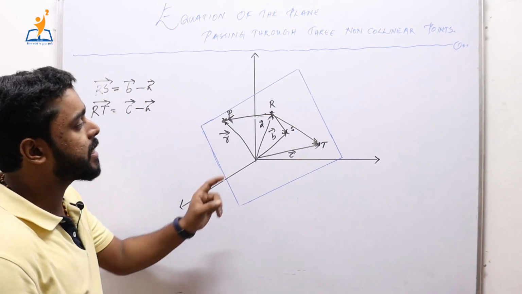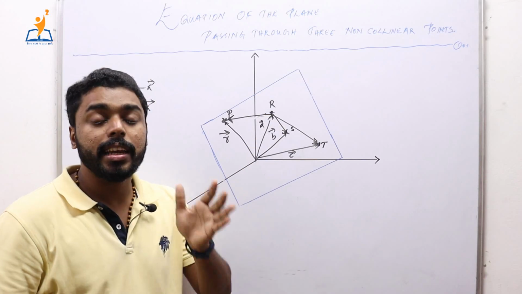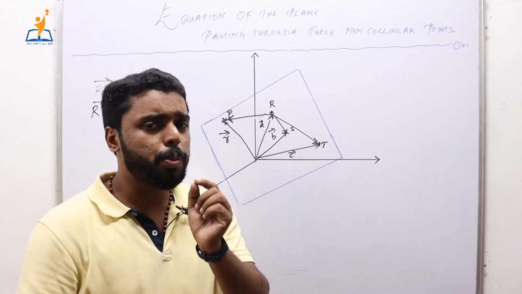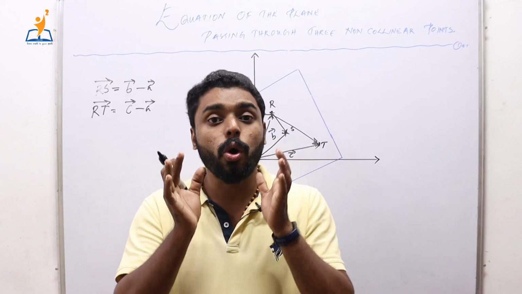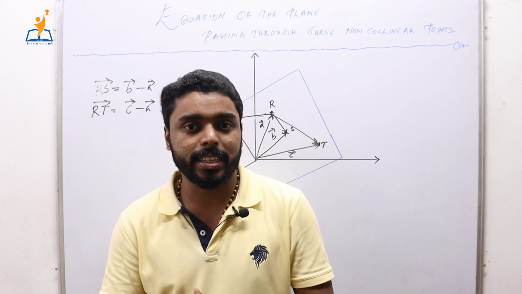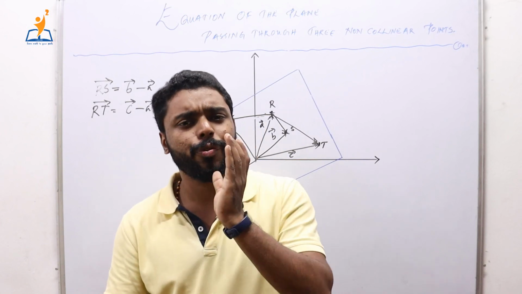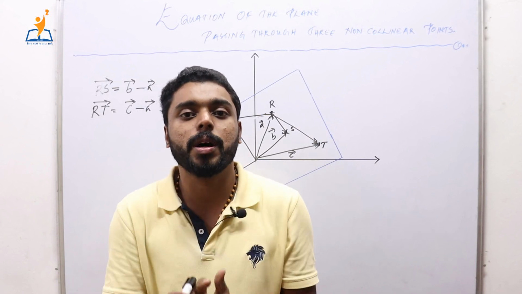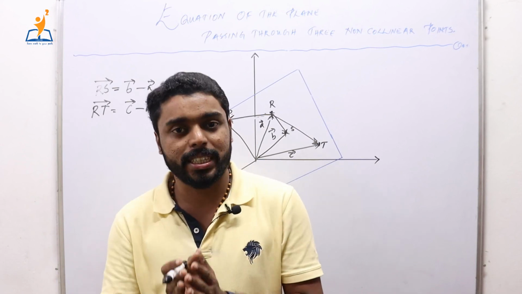Now observe that RS and RT lie on the same plane. We know that the cross product of any two vectors will always be perpendicular to the two vectors themselves.